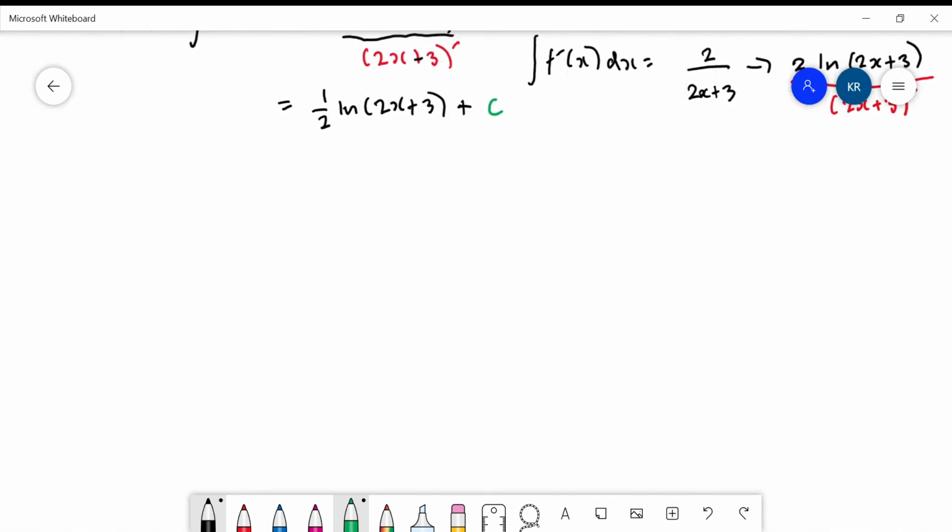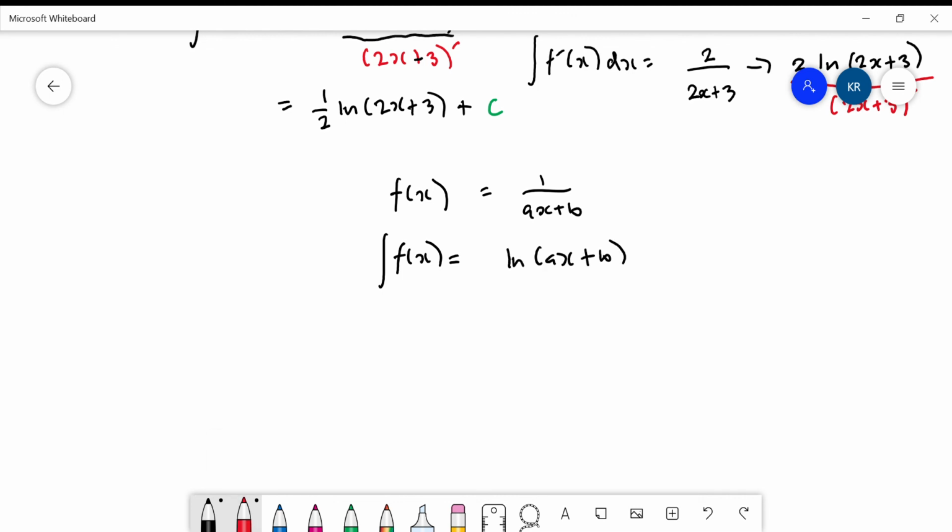So therefore, if you have any function in the form f of x is equal to 1 over ax plus b, if we integrate that, the first thing which we did was we made it into ln ax plus b.